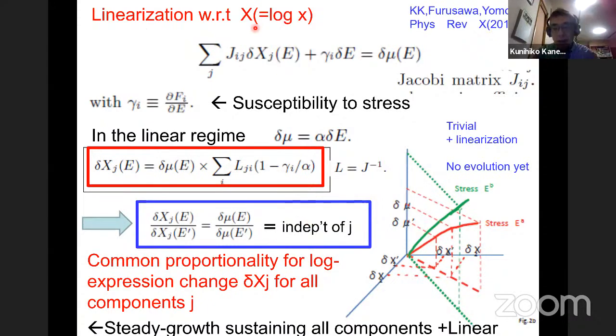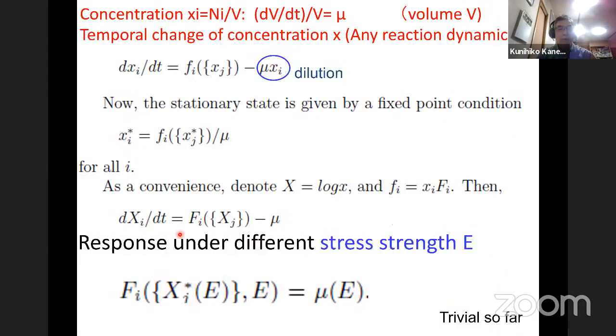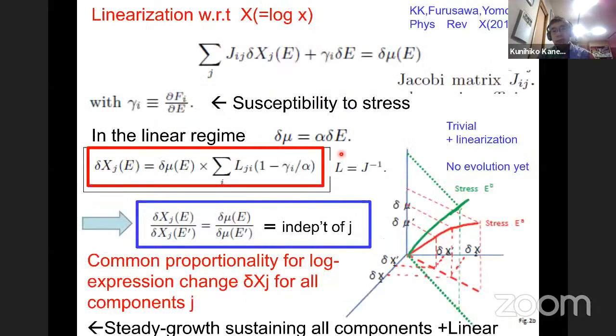Then we can write down the Jacobian matrix of this F_i, and also the change of F_i according to the change of strength E, which is a kind of susceptibility. Then delta x_i is the change of log concentration, and delta mu is the change in the growth rate. In this linear regime, we can solve this like this, where L is the inverse of J.